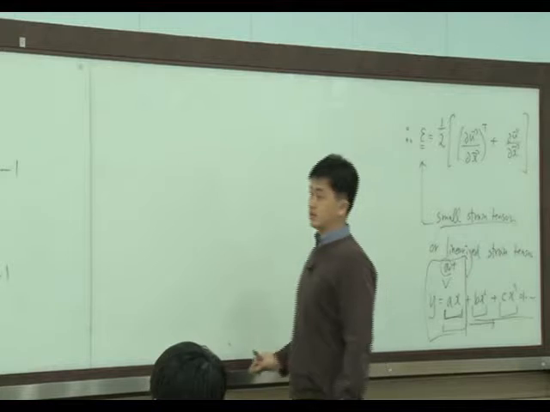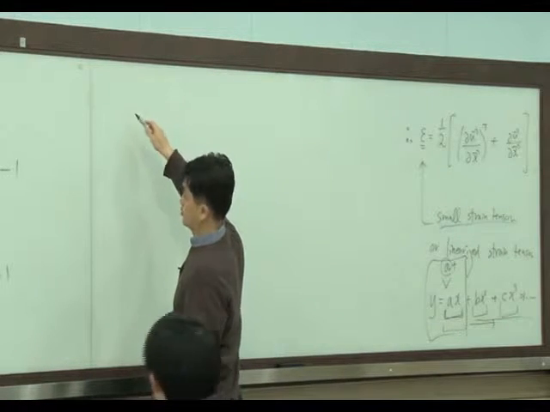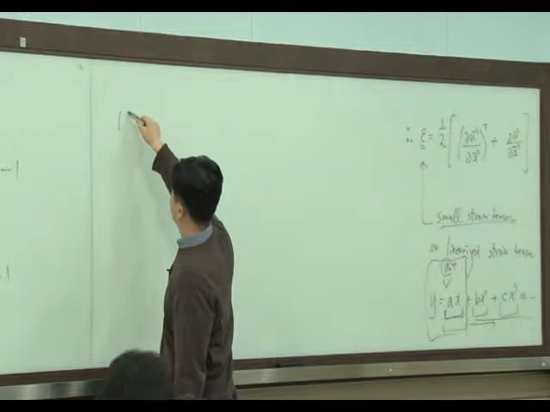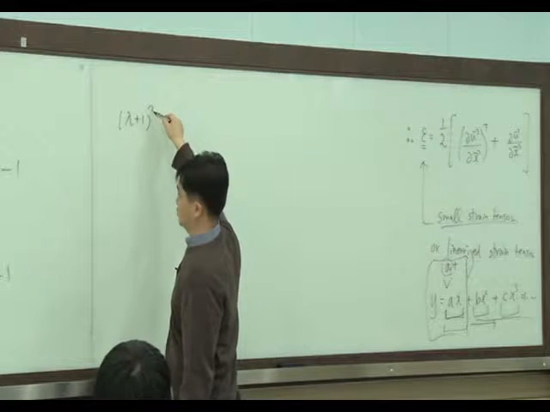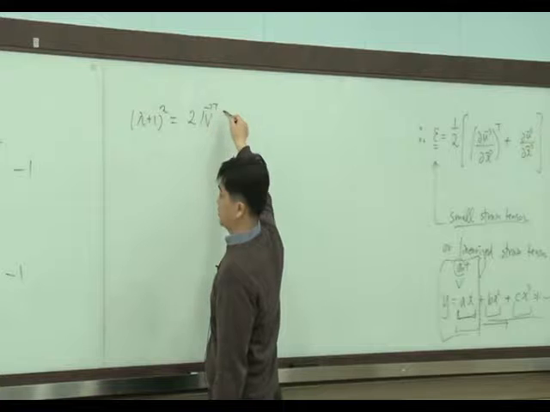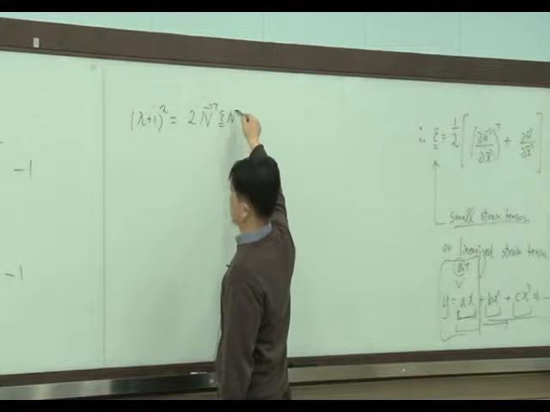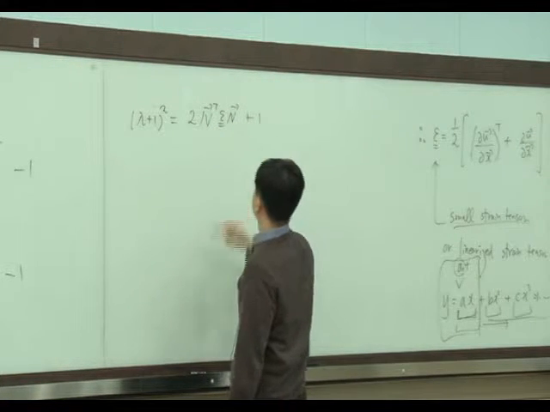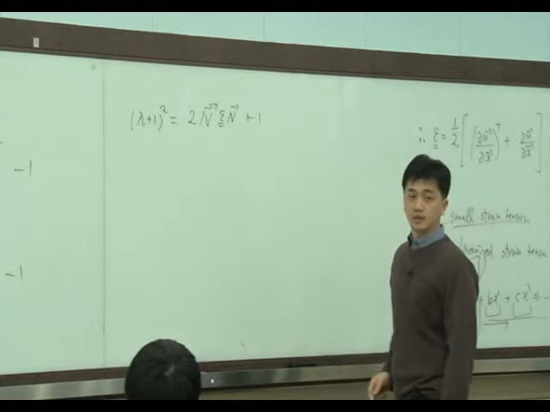Then let's square both sides. Lambda plus 1 squared equals 2n transpose n plus 1. Right?